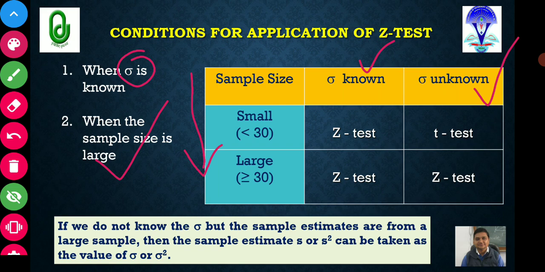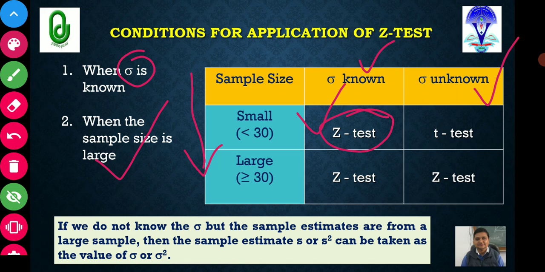So look at the first situation. When your sample size is small and standard deviation is known, in that case you will apply Z test. So when population standard deviation is known, even if your sample size is small, you have to apply Z test.